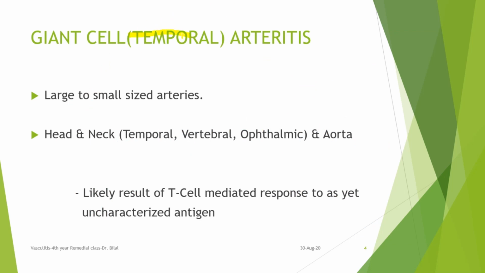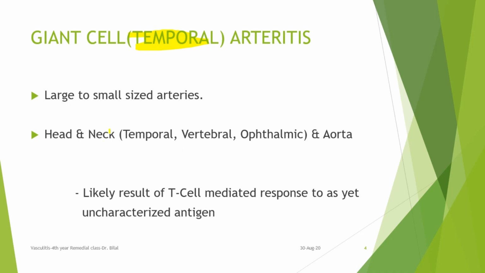By temporal here we mean that it affects vessels in the temporal area, and giant cell is with respect to morphology. Now we've already got the info that it includes large size vessels mostly, but small size vessels can be involved. Okay, and why small size? A large vessel may be affected and its branches get affected consequentially.